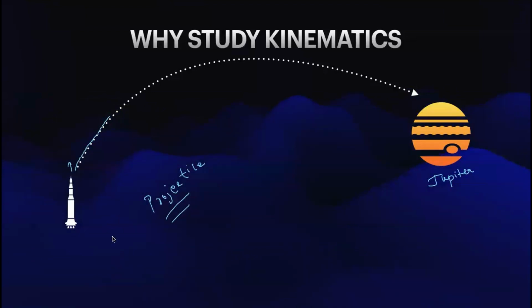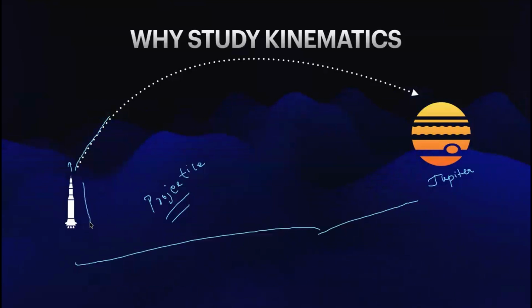So basically if you know the distance between the rocket and Jupiter, and this height and the landing place where you want to land, you can calculate even the equation of this path. This path will have some equation because this is a curve. So you can even calculate the equation of this path. Isn't that interesting? Yes. So this we are going to learn in projectile motion.